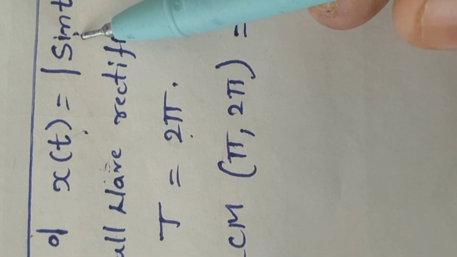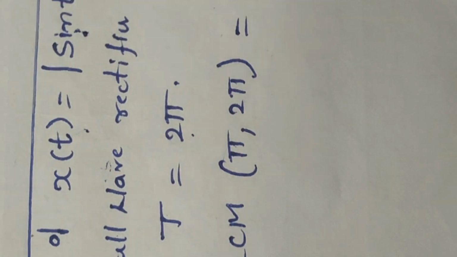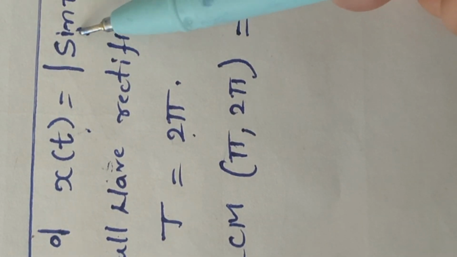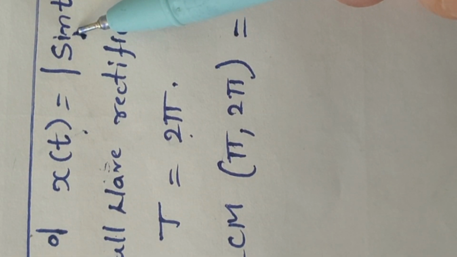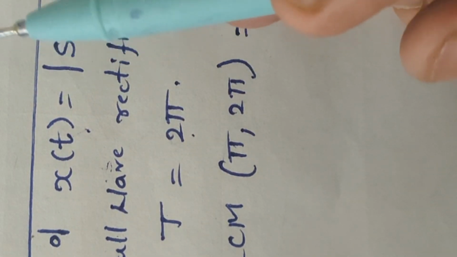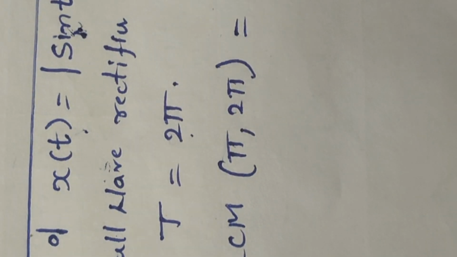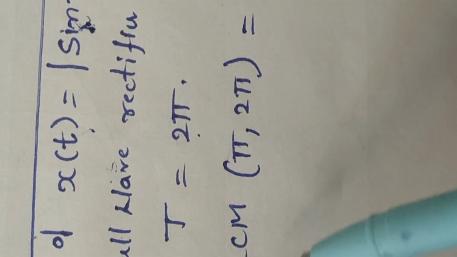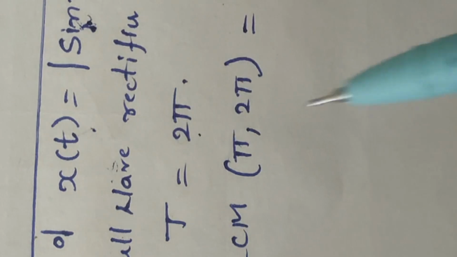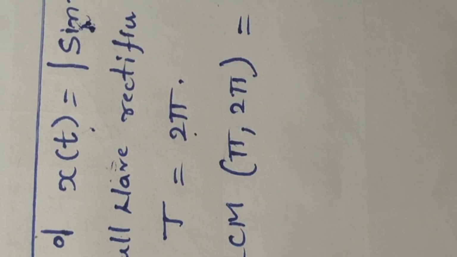But the time period of mod sin t is pi. For convenience, remember it as a full wave rectifier, where the overall time period is pi. So take the LCM of pi and 2 pi, and you will get the answer as 2 pi.